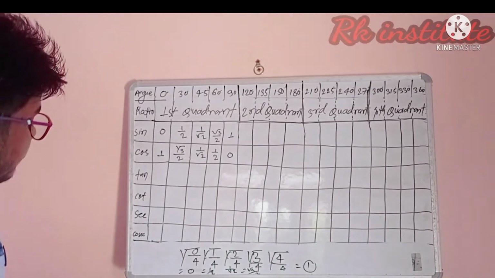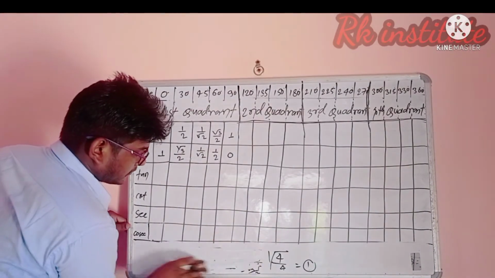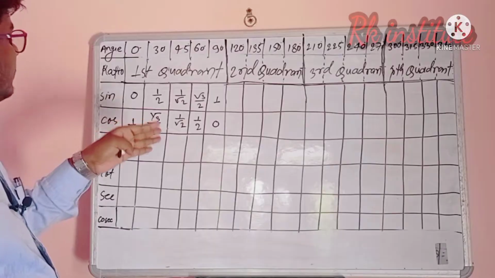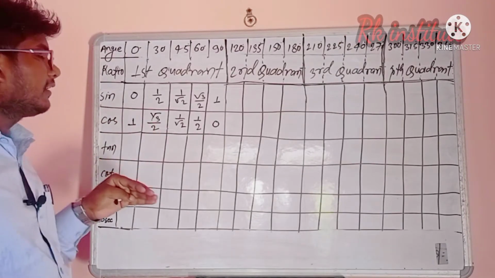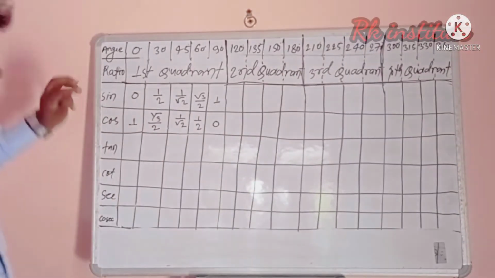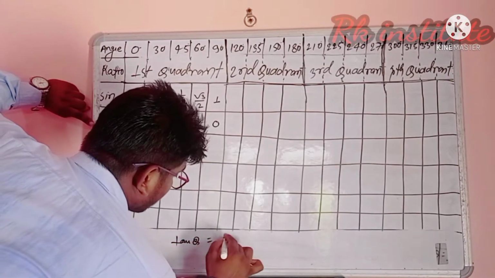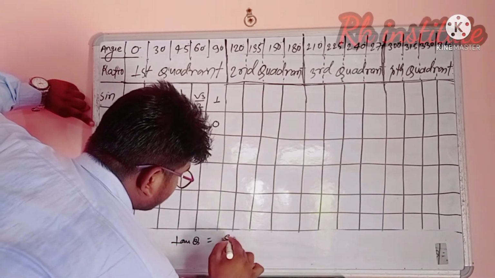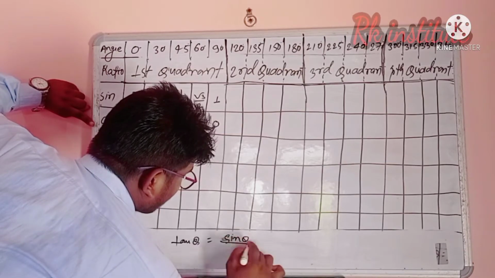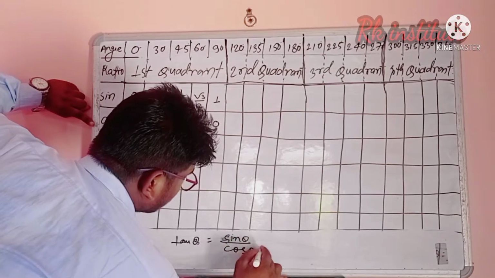Again you have to find the value of tan. What is the formula of tan? Tan theta equals sin theta by cos theta.